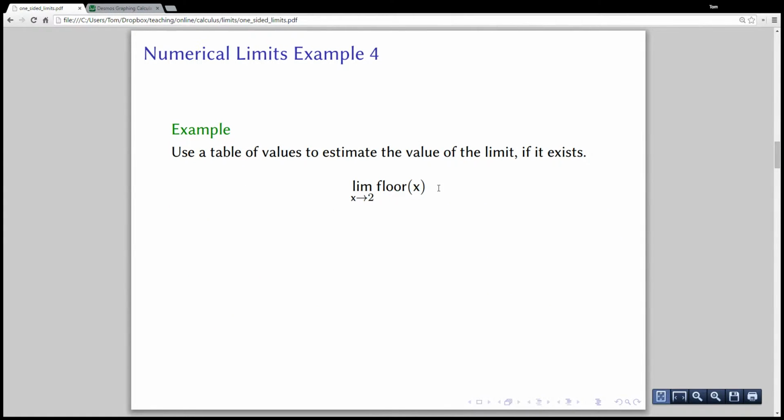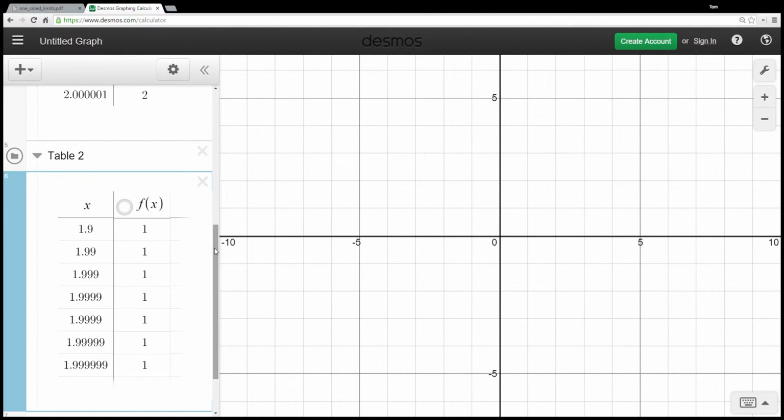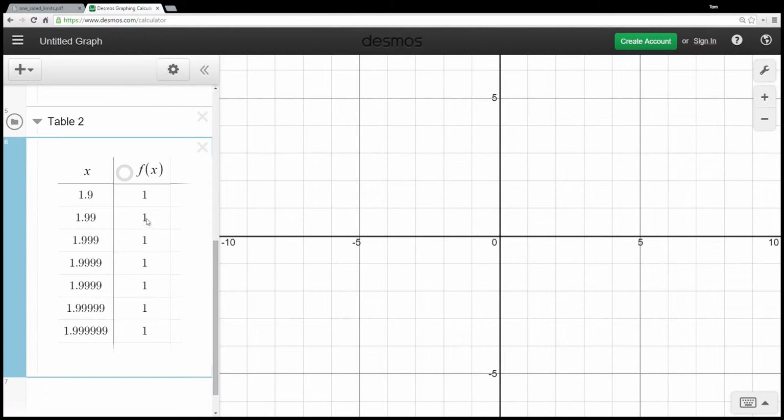Going back to our example of the floor function, we are now going to look at the limit from the left, the limit from the right, and the two-sided limit. Going back to our tables, we first take a look at the limit from the left: 1.9, 1.99. We are now taking values of x that get closer and closer to 2, but restricting ourselves to the left-hand side.